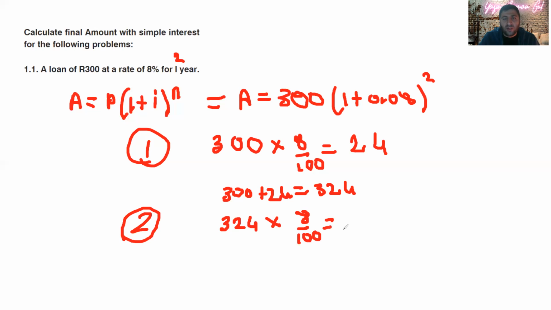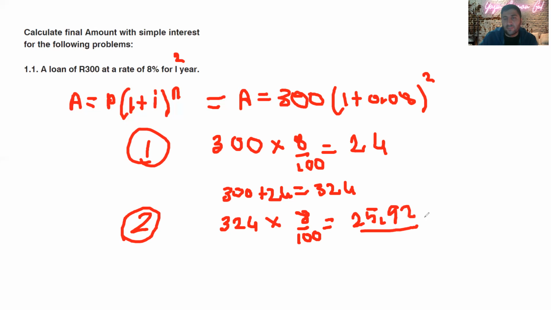So that's 324 times 8%, which equals 25.92 Rand. This is the interest that came after the second year.